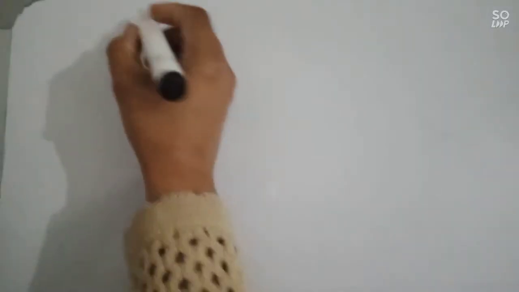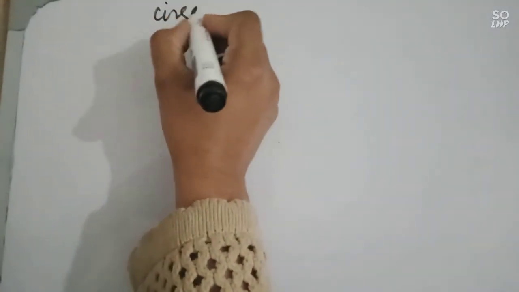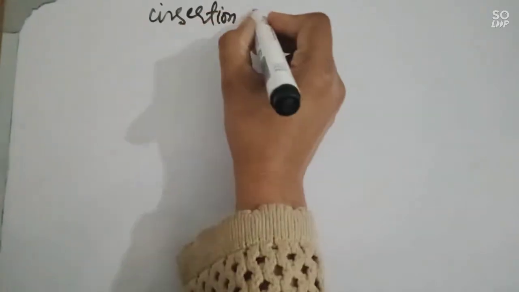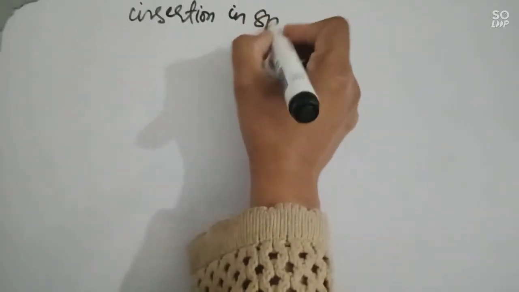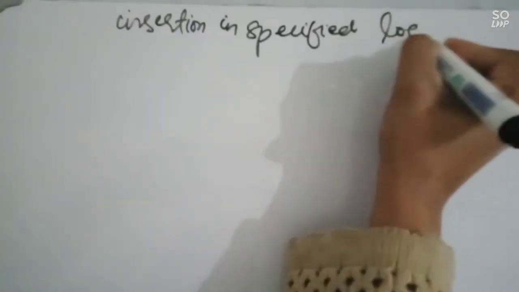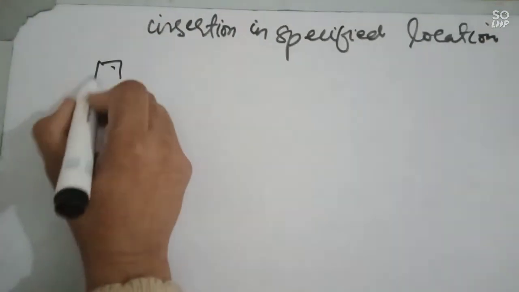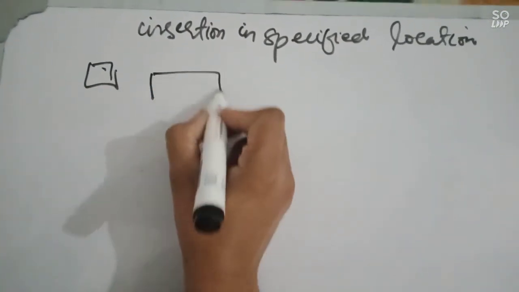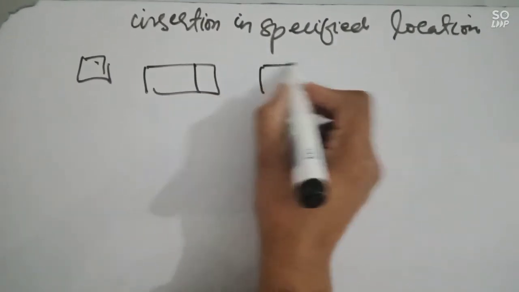Okay, now insertion in a specified location. Suppose we take a list in the memory. We take a certain list with some nodes in it.